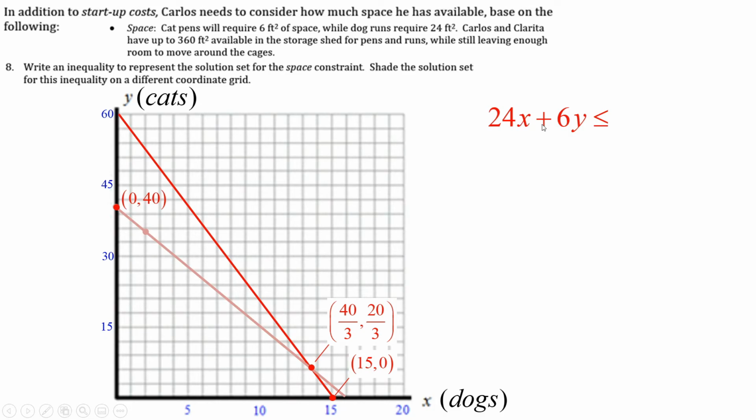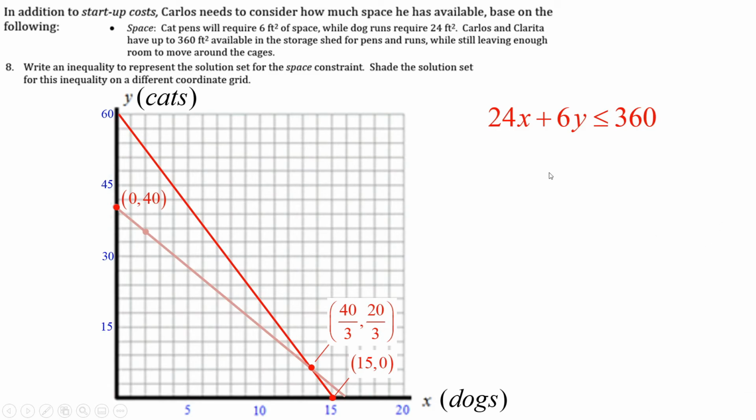So 24x plus 6y is less than or equal to 360. And there it is. Now, write an inequality to represent the solution set for the space constraint, and shade the solution set for this inequality on a different coordinate grid. I put it on the same coordinate grid. I'm going to keep using the graph we have right here.